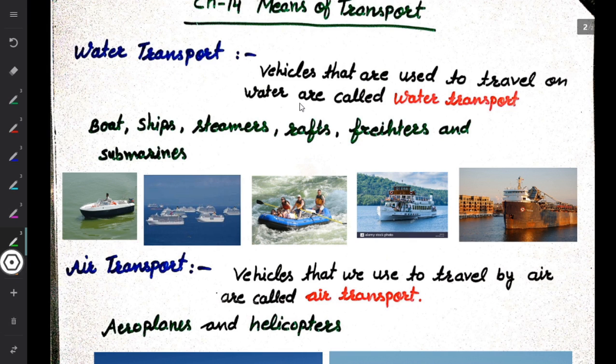In the first video, we have learned means of transport and land transport. So today we will continue our chapter 14, means of transport.